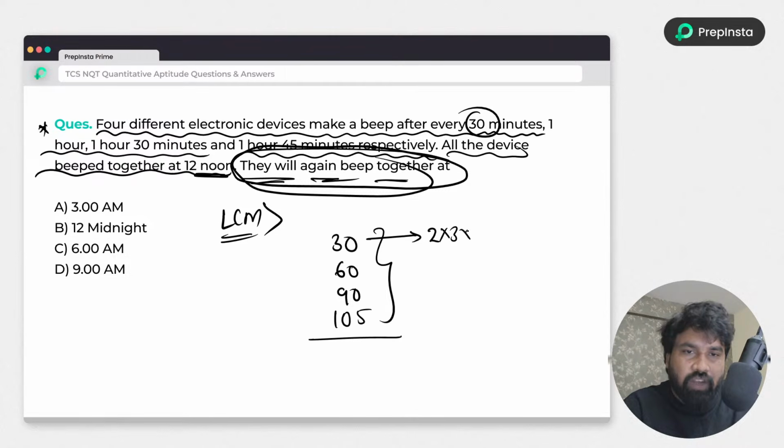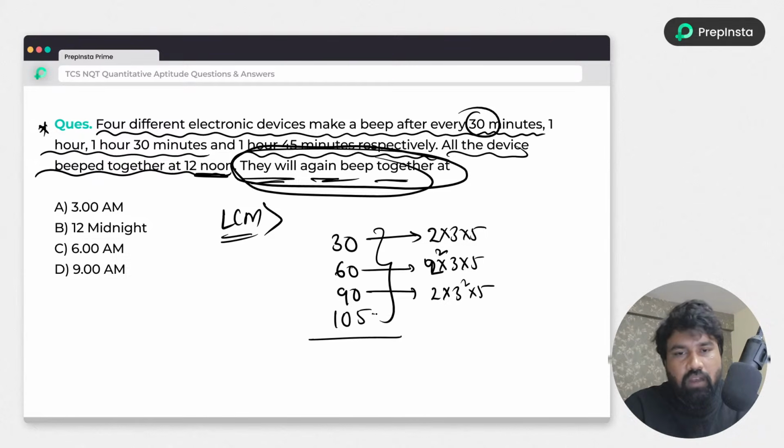30 is 2 into 3 into 5. 60 is 4 into 3 into 5, which is 2 square. 90 is 2 into 3 square into 5, and 105 is 3 into 5 into 7.